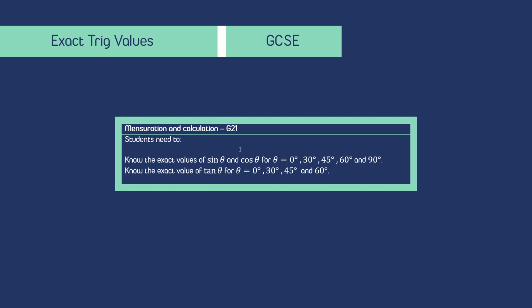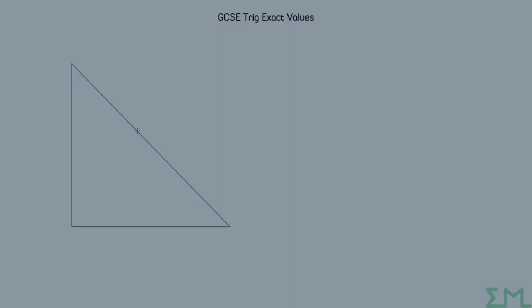You have to know the exact values for tan for almost all of the same angles, apart from the 90. Now, if you've watched the trig graph sketching video, you will already know the values of sine, cos and tan for 0 and 90. So we're going to be focusing in this video on the values of 45, 30 and 60.